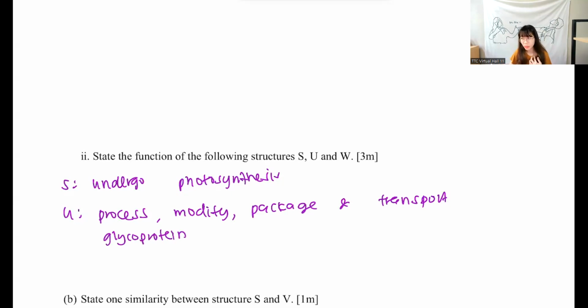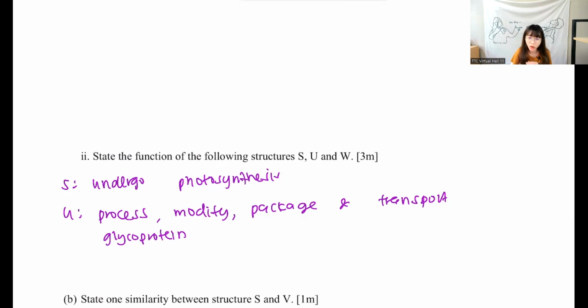Glycoprotein. Because it's only 1 mark, you don't have to elaborate the answer. You don't have to continue the sentence also, never mind. But if you want your answer to be very complete, then I suggest you write: process and modify protein into enzyme where it is packaged and transported out of the cell or within the cell by secretory vesicle. But if it's just the function, stop here also can.